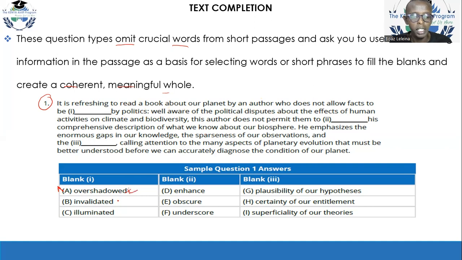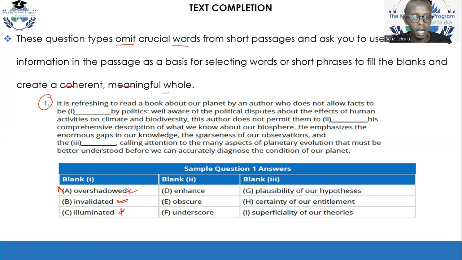All right. Invalidated means to disapprove or to prove that something is wrong. So he does not allow facts to be invalidated by politics. This could be an option. Illuminated is to make something better known or better seen.